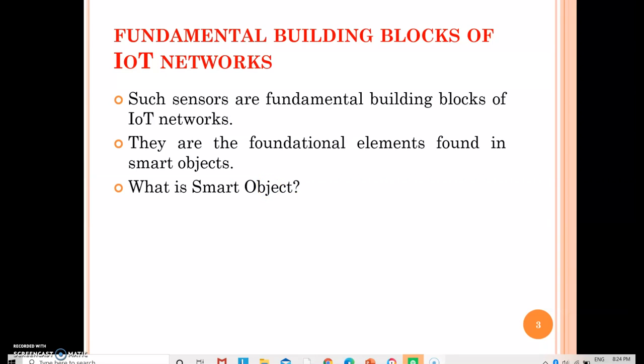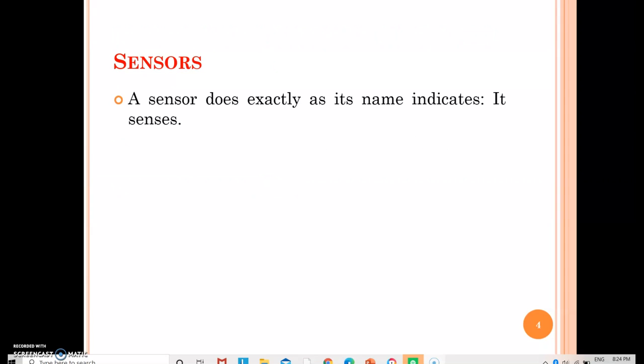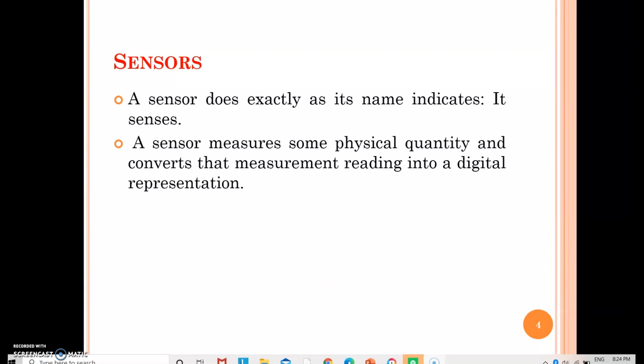Now we have talked a lot about sensors. Let's see what exactly is meant by a sensor. A sensor does exactly as its name indicates: it senses. A sensor measures some physical quantity and converts that measured reading into a digital representation.